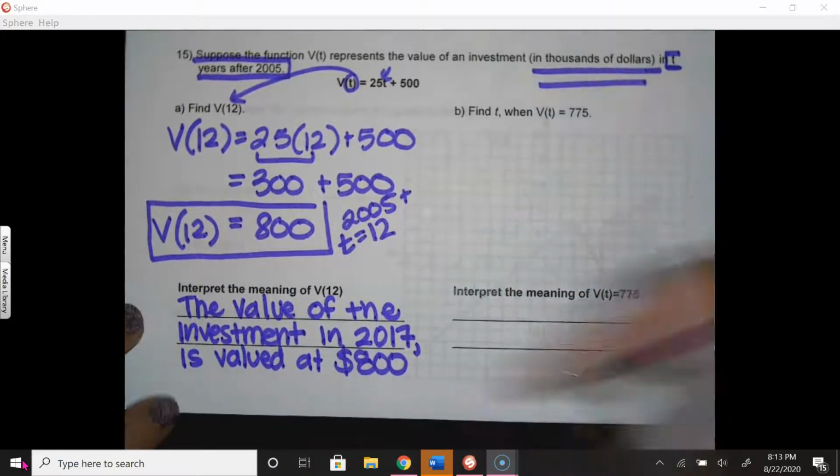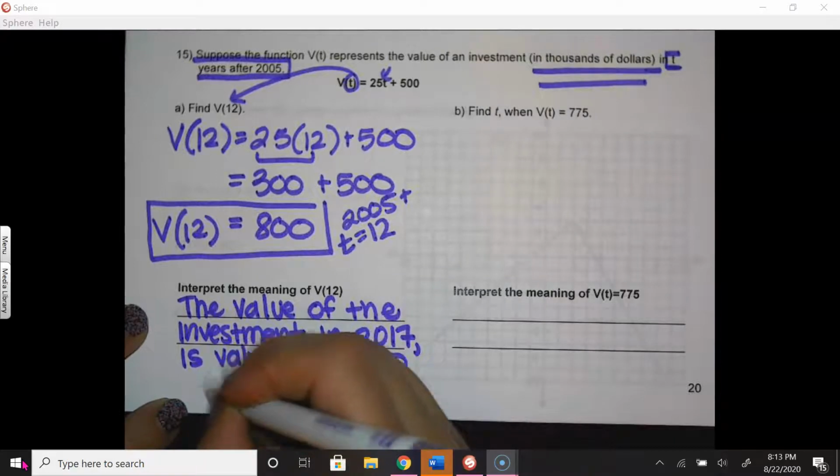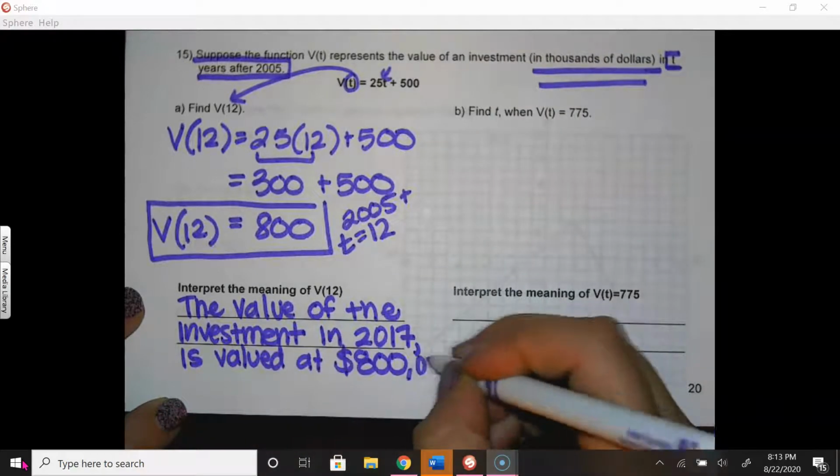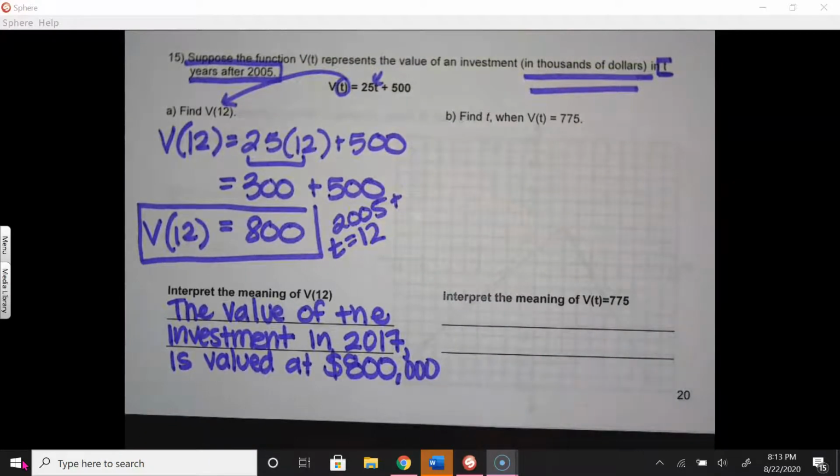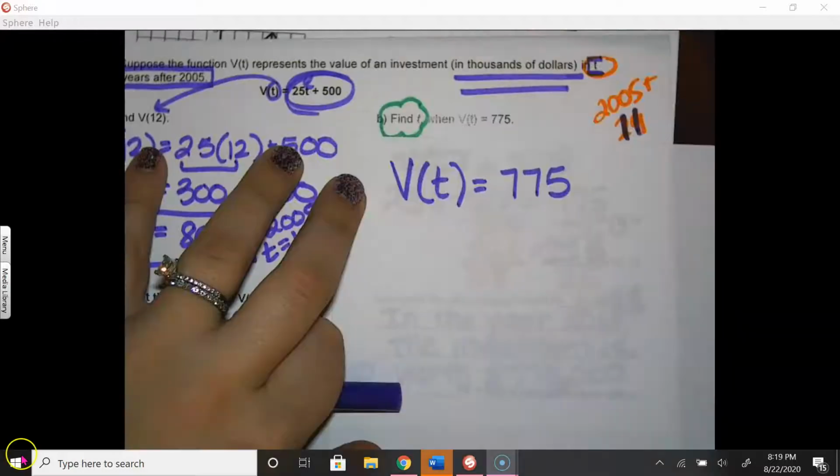You could either write 800 and then put 1,000 in words, or write it as a number like that. I could have also said the investment.